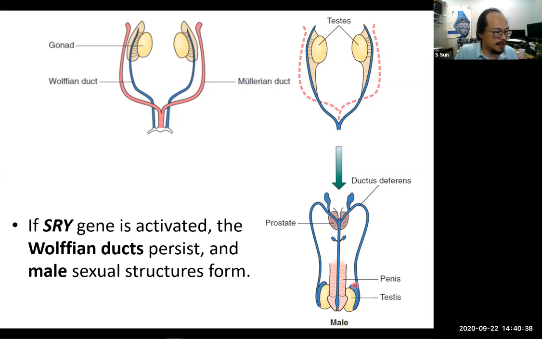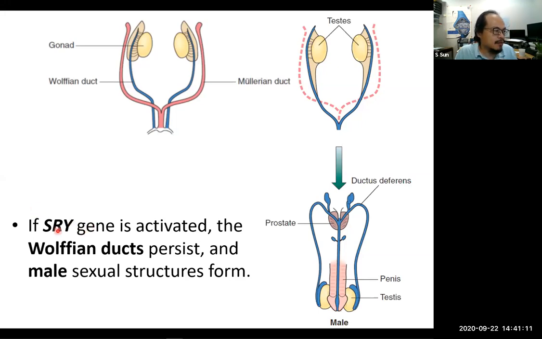Gonads will fall down here to become the testes, and the penis will also be developed by about 8-9 weeks. Using ultrasound, we can identify this baby is a male, right? It's a boy. That's the result of the activation of the SRY gene. The SRY gene is the key, okay?